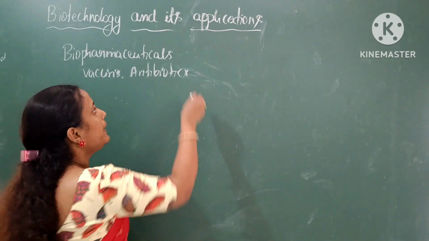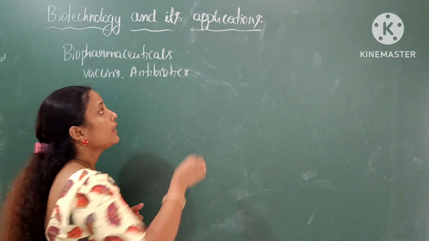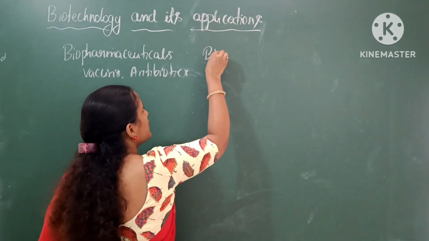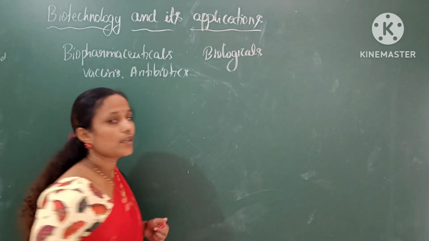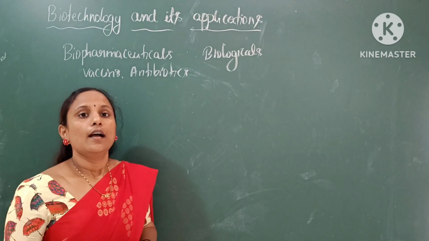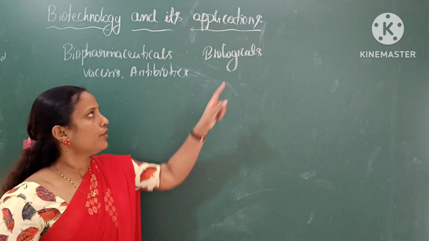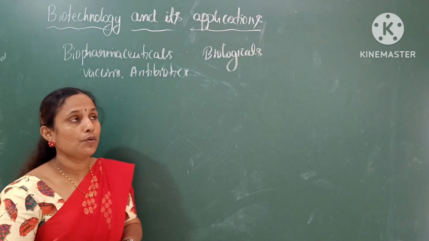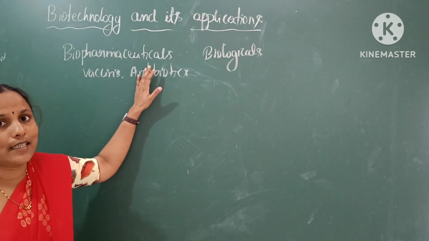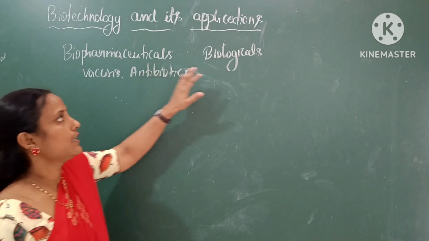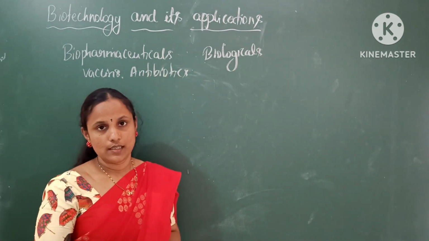And also, biotechnology includes the production of biologicals. Biologicals means those which are used commercially in human life. So, we call them as biologicals. So, biotechnology essentially deals with the large scale production of biopharmaceuticals and the biologicals.